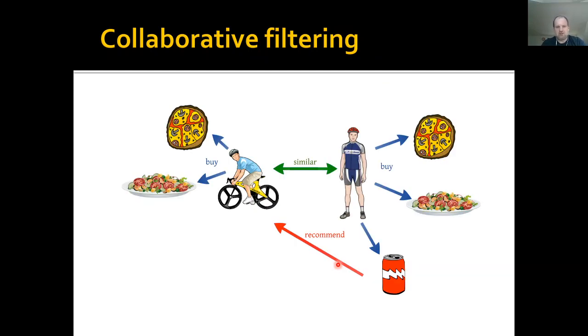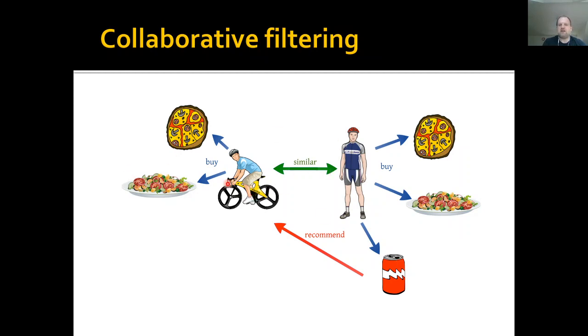In a picture we can visualize this principle really easily. If we have just 2 users, and they are similar just because they gave similar ratings, where rating in this case means buying things. This user bought a pizza and a salad, and this user also bought a pizza and a salad. So in terms of pizza and salad they are similar. But moreover, this user also bought Coke or some soda, and this user didn't.